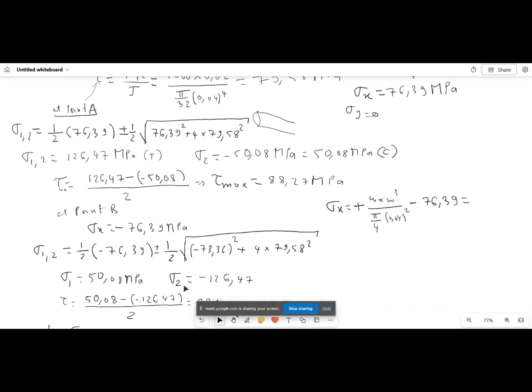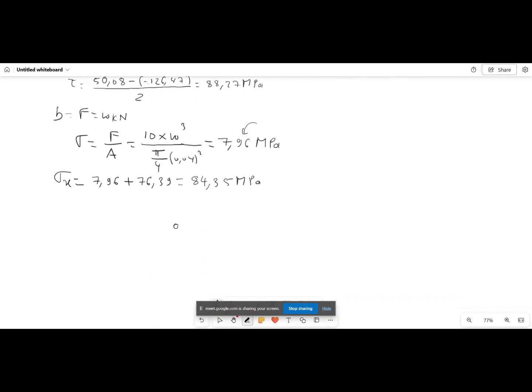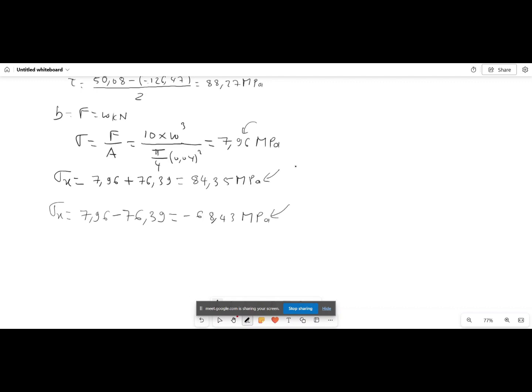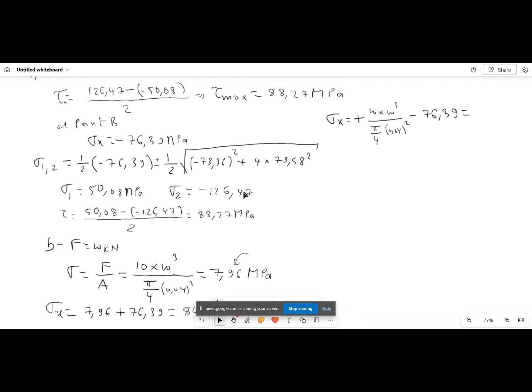At point B, rho x will be 7,96 minus 76,39, which gives minus 68,43. So in this case, where the direct stress is applied, the maximum stresses will be different at point A and point B, because rho x here is different from rho x there. In the previous case, rho x was the same.